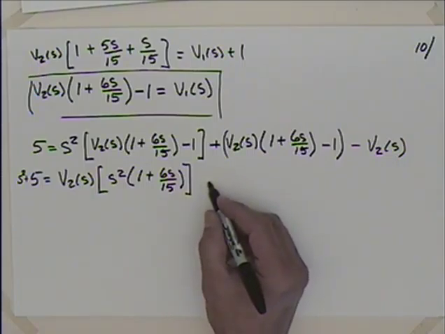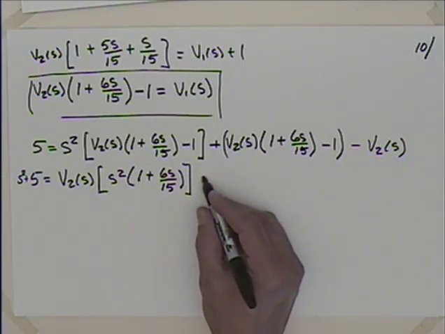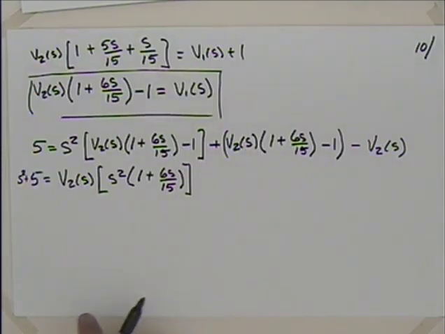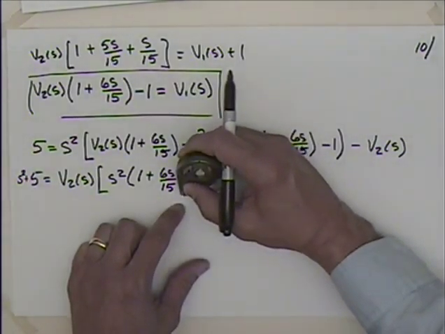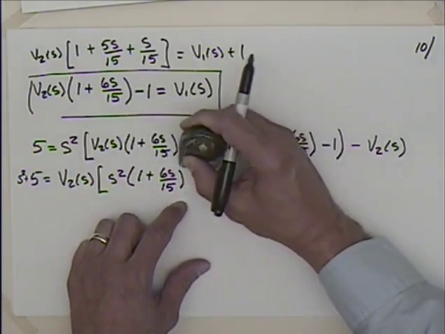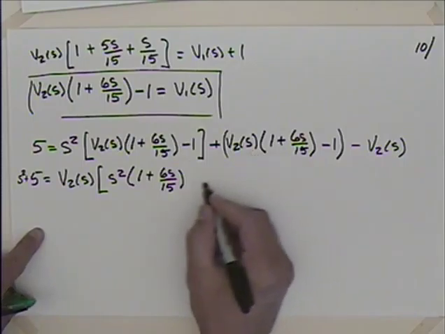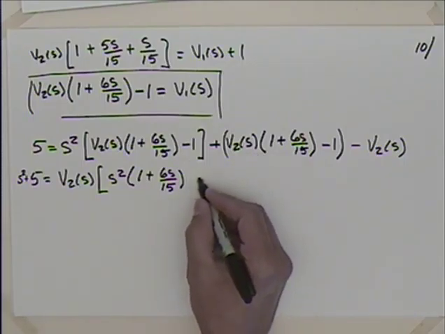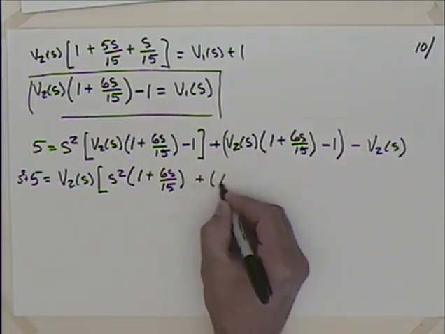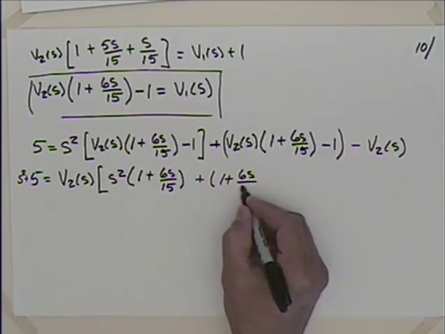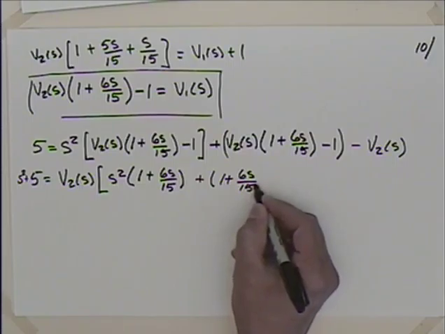Then here, I got a V2 there, so I think I will open this bracket back up. Okay, so with a V2, then I'm going to add to this what? 1 plus 6s over 15.